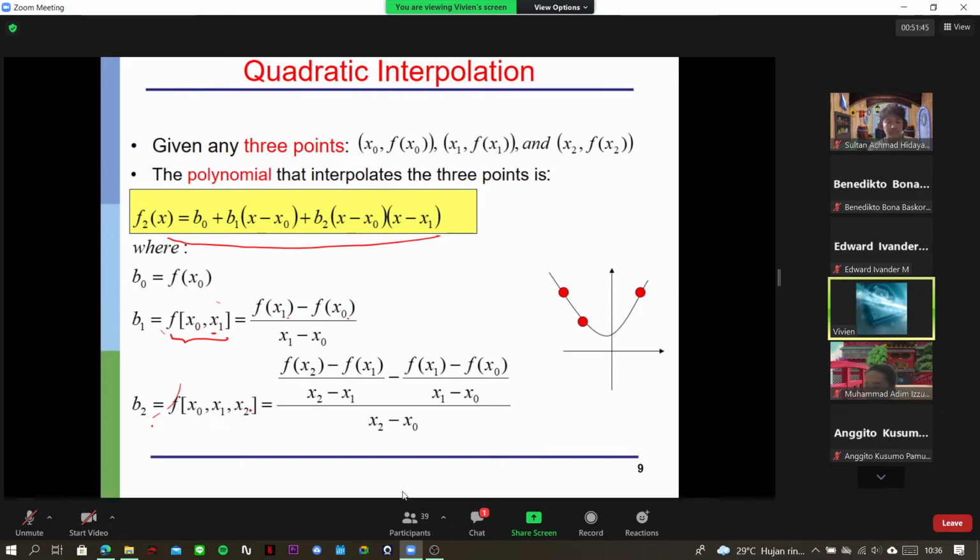And how to calculate that? It will be the first divided difference between x1 and x2, minus the first divided difference between x0 and x1, and that is divided by x2 minus x0.